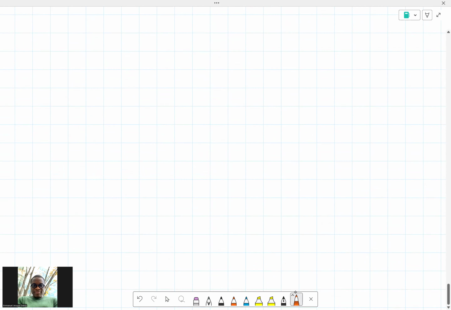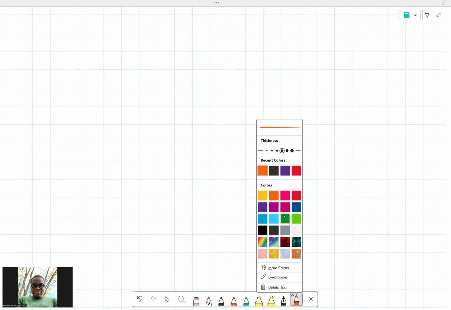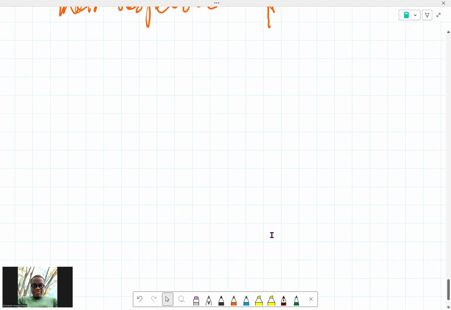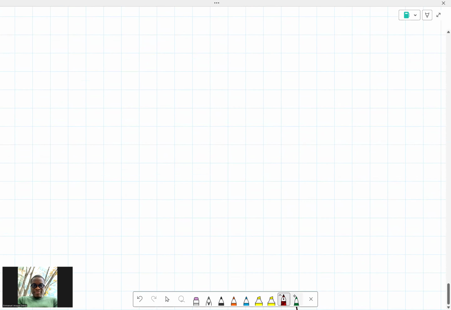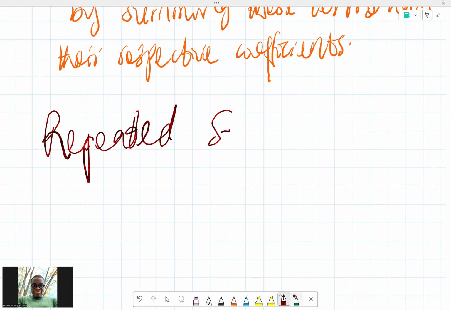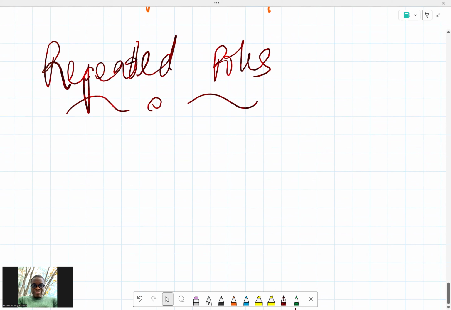What if we switch over to this now, and then we talk about, say, repeated poles. So what we have up there is just simple poles. So here, what if we have repeated poles? Those cases where you have the same answer twice or something. So for repeated poles, right?